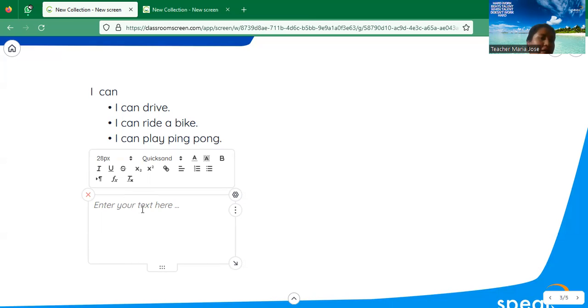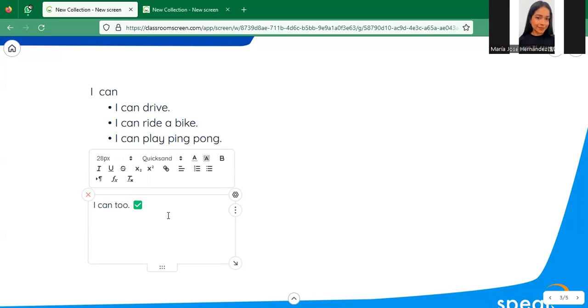I'm just telling you I can drive, but you want to agree with me. I can too. Because you agree with this and you do it too. Very nice. Now, what is the other possibility to agree? I can too, or? So can I.